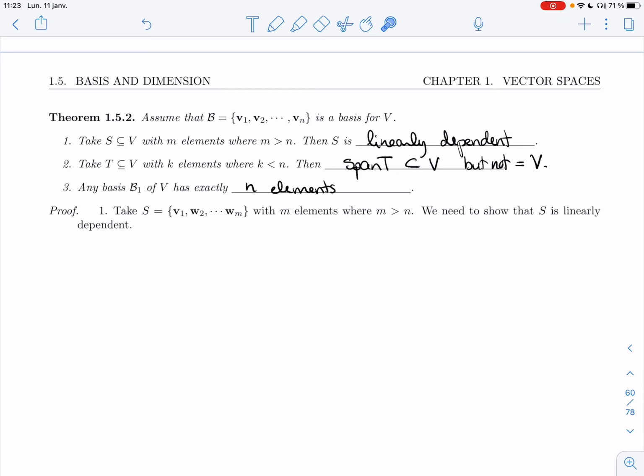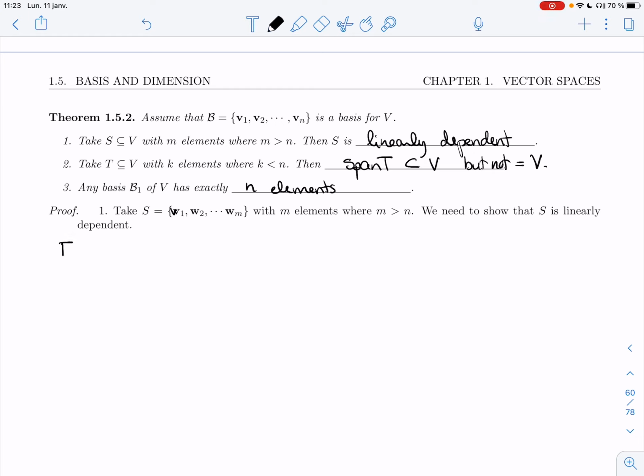All right, so let's prove this. I'm going to take S to be w1 through wm, with m elements, and we're assuming that m is bigger than n. We need to show that S is linearly dependent, so we need to find a linear combination that gives us 0.